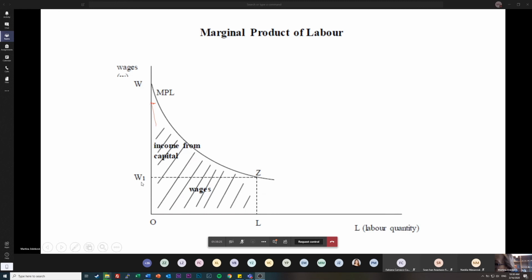If there are only 200 people in production, the hatched area will be smaller. If there are more than 1,000 people, we will hatch more under the curve.